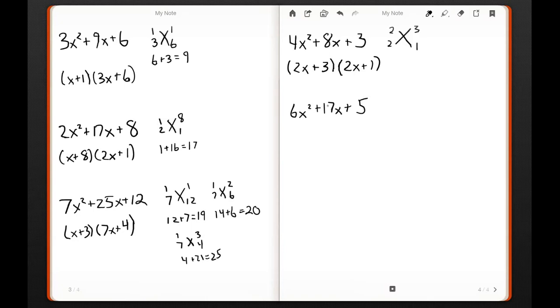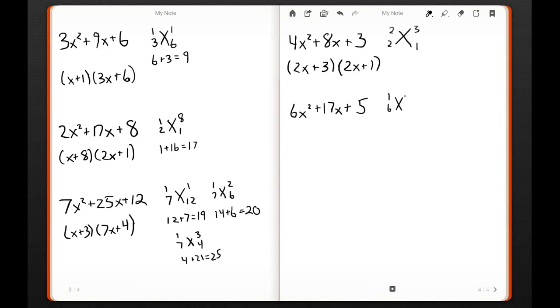So let's see if we can take a guess at whether the factors of 6 that we're going to use are going to be 1 and 6 or 2 and 3. If we were to use 1 and 6, then what we would see is if we put the 5 here, that would be 30, so that's way too high.